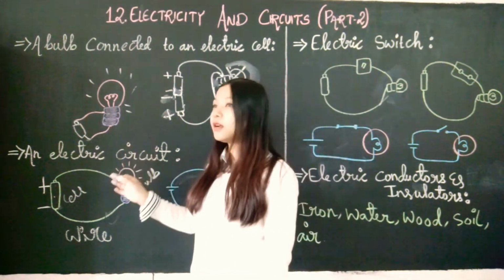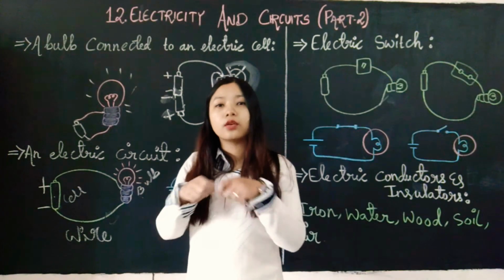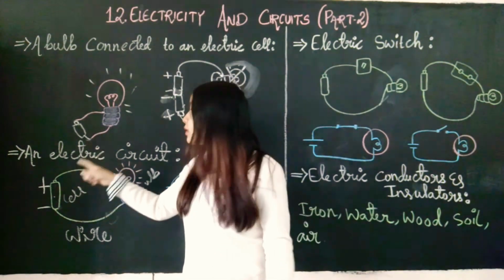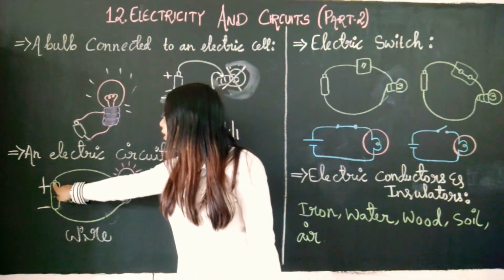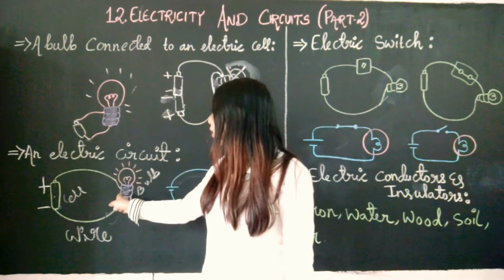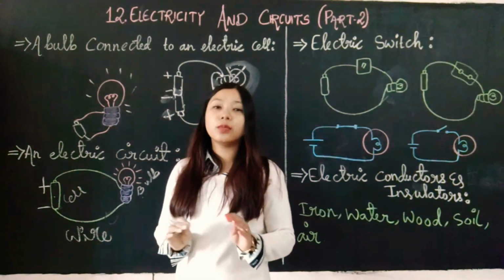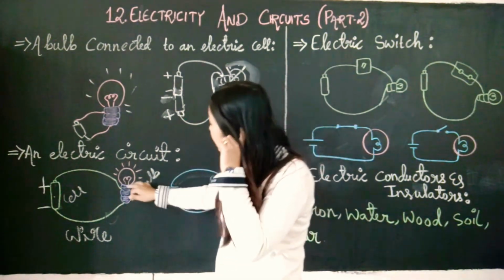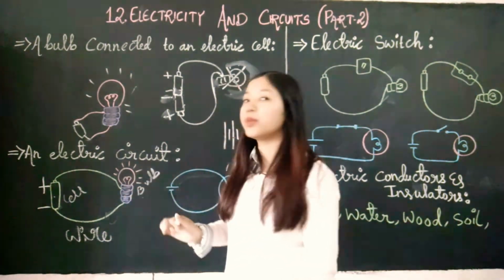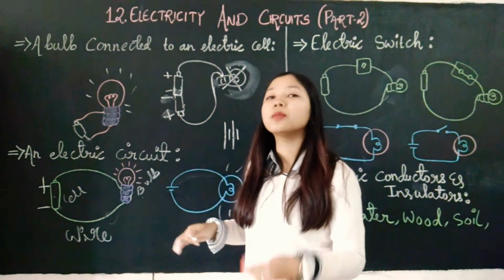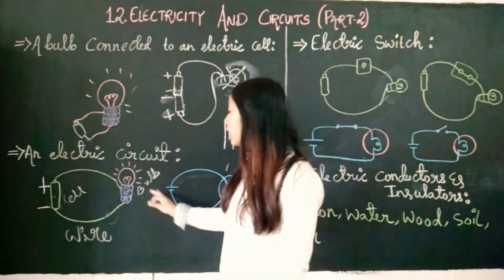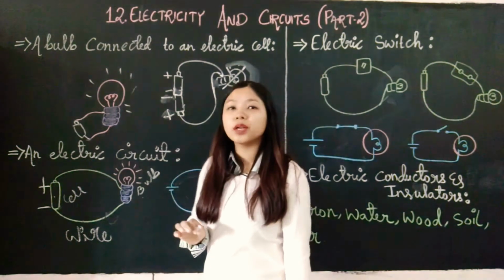If instead of wire you are using thread or plastic, they will not let the electricity flow from one point to another, so the bulb will not glow. Or the filament of this bulb may be broken. The bulb may be fused. That is why we are unable to make this bulb glow.